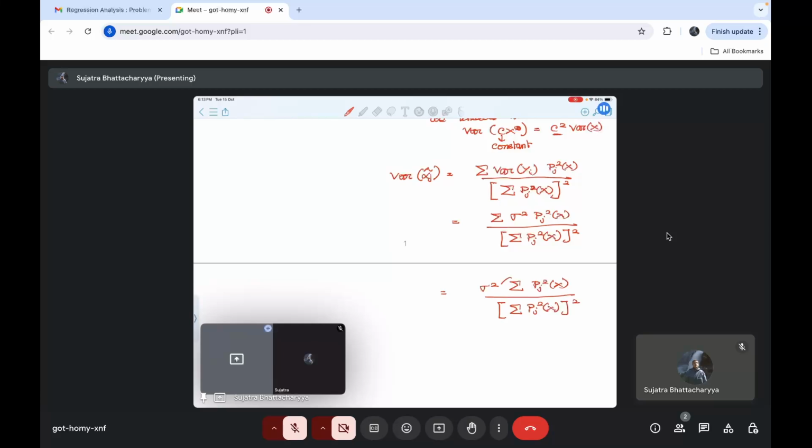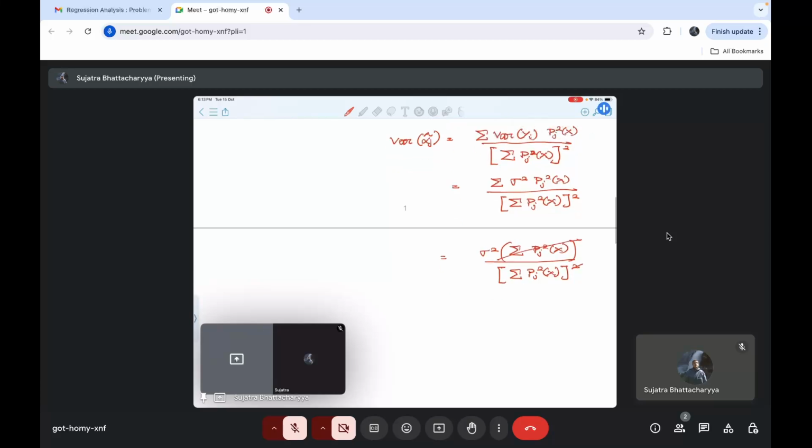Right. So if you look at the numerator and denominator now, this summation pj square x is present in the numerator, and in the denominator its square is present. So this summation pj square x and one from the denominator can be cut. Finally, in the numerator it will be sigma square, and in the denominator there will be the summation of pj square.